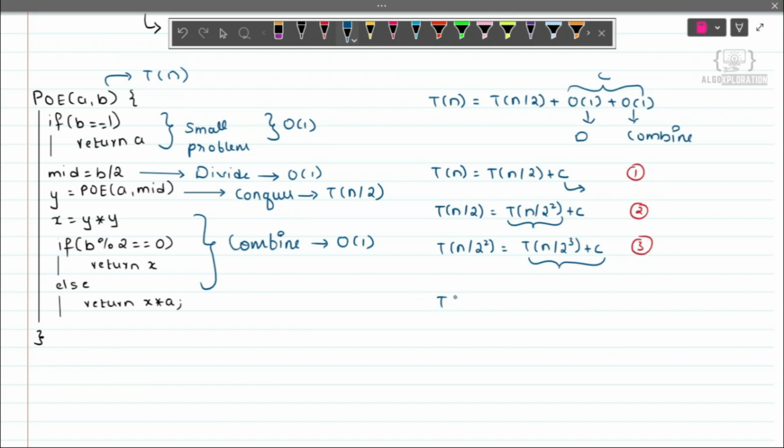So it will be T of n by 2 equals T of n by 2 cube plus C plus C. Similarly, we will substitute this part into this, because T of n by 2 is the same. Now that will be T of n equals T of n by 2 cube plus C plus C plus C.